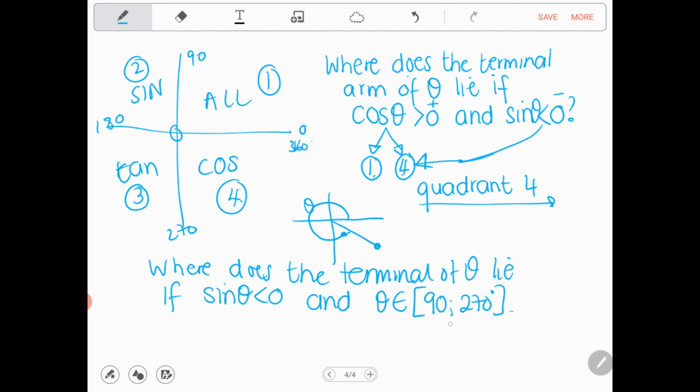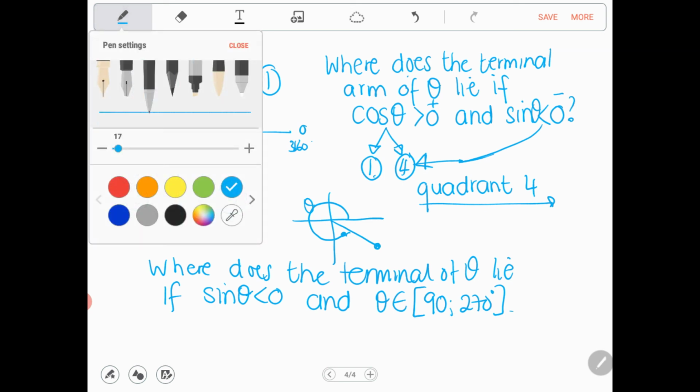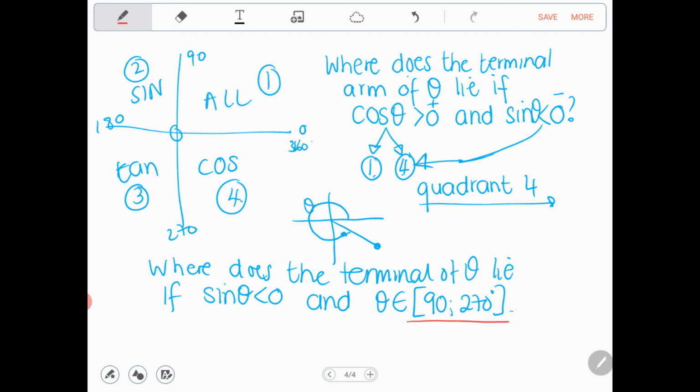Here we're going to have to first decide which quadrants I could be working in. So if you look, theta has to lie between 90 and 270, that would mean that it would have to be either in quadrant 2 or quadrant 3, because that's 90 to 270.